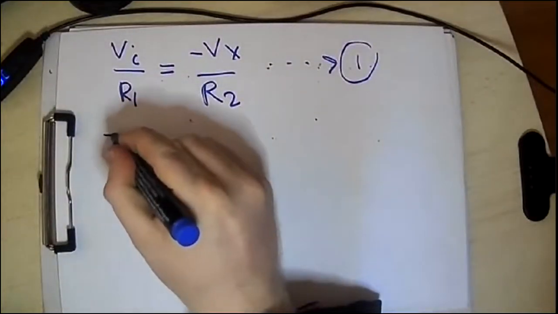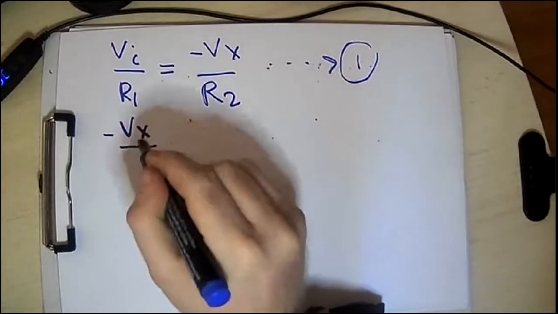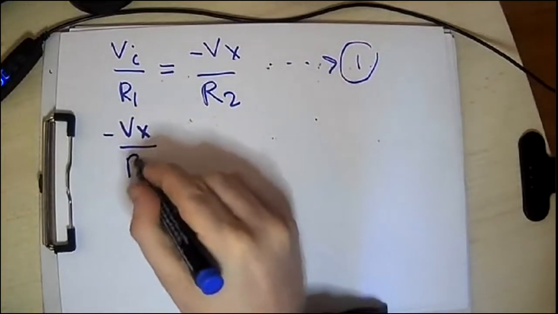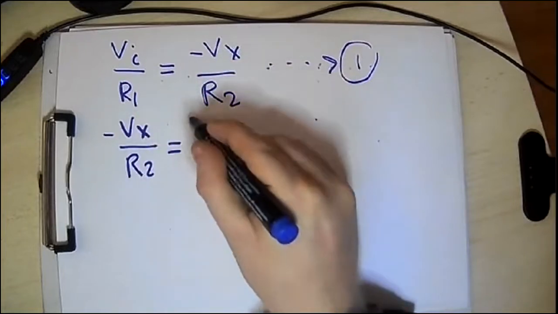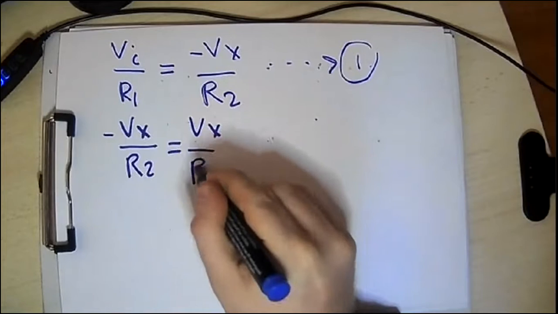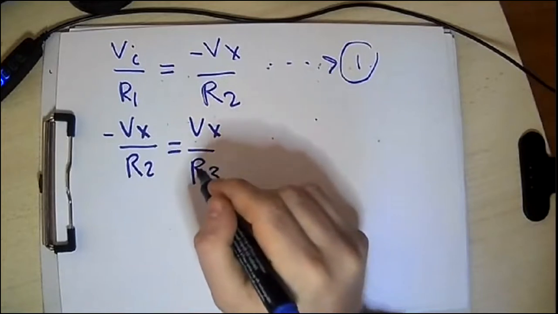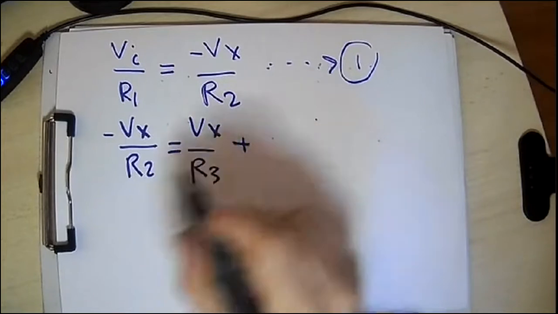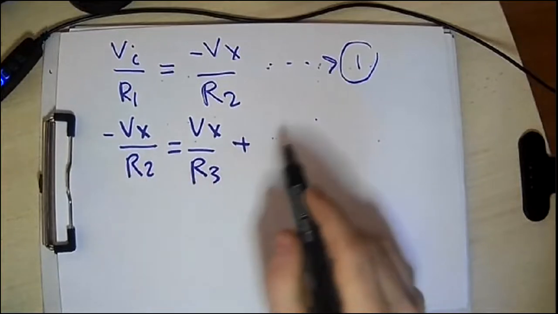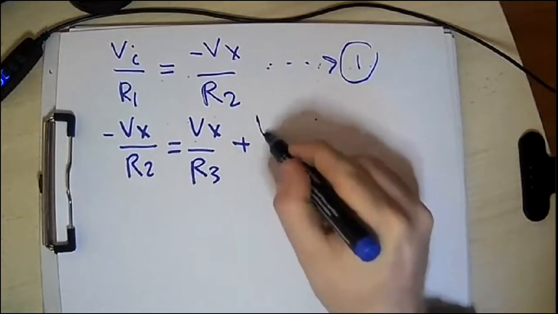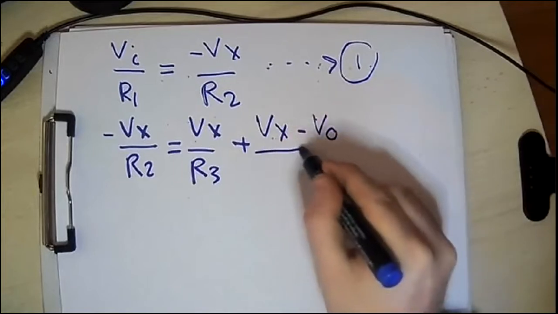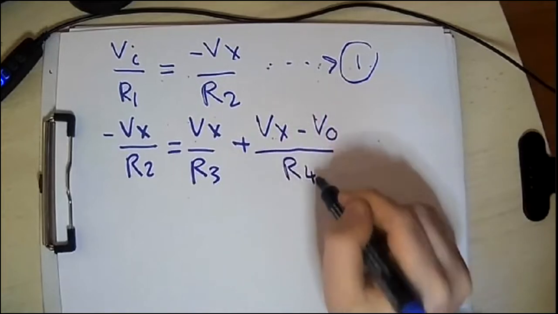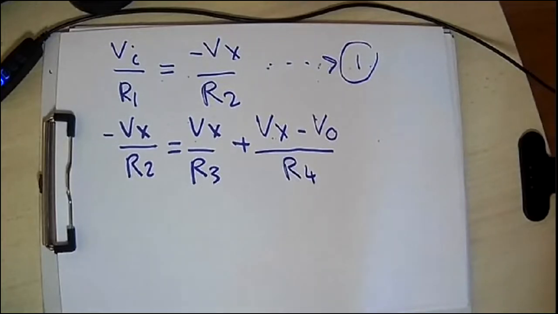Minus Vx over R2 equals Vx over R3 plus, this is I2, this is I3 plus I4, Vx minus V out over R4. This is how that equation looks.